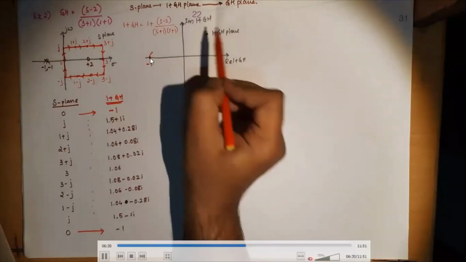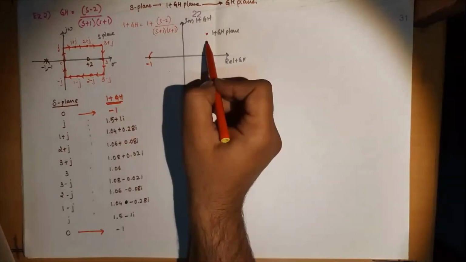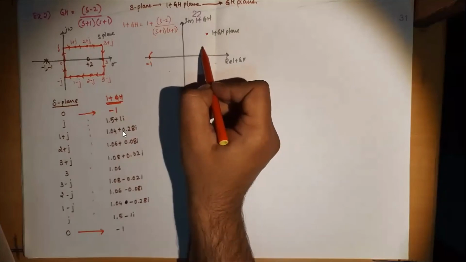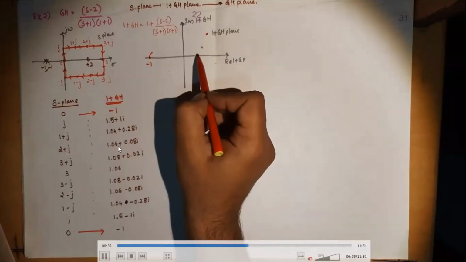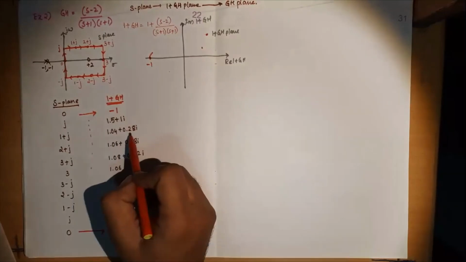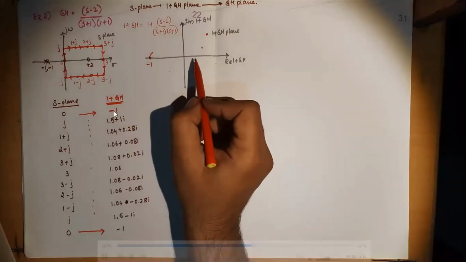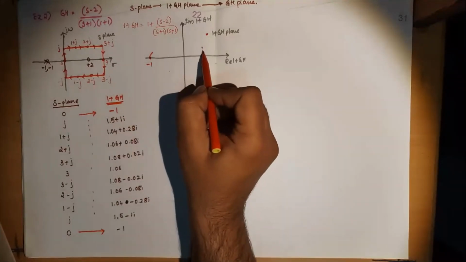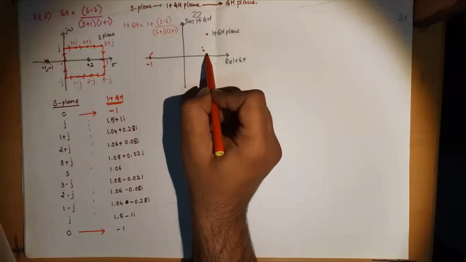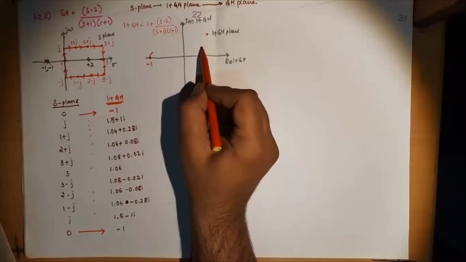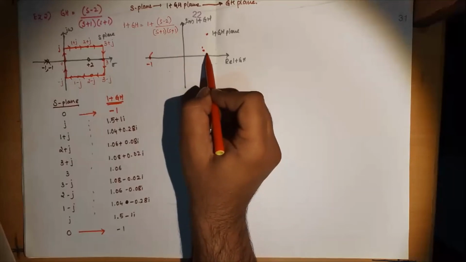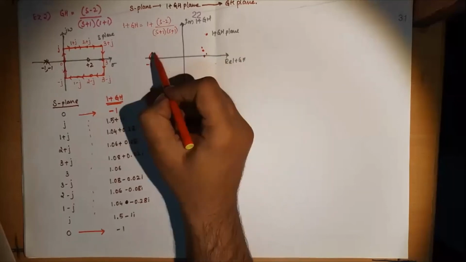So the first point is -1, the second point is positive, in the first quadrant, the third point is again in the first quadrant, the fourth point is in the first quadrant. So all points are in the first quadrant except -1. If you mark them approximately on the graph, what shape you will get is something like this.